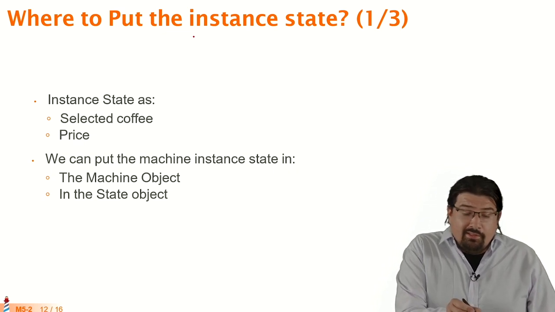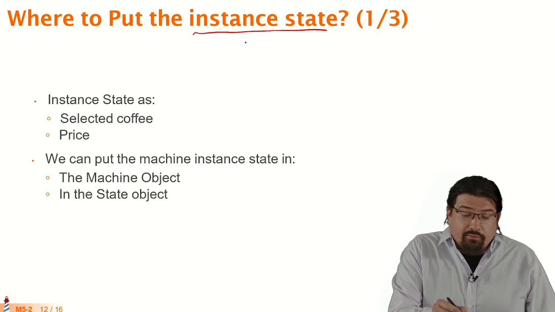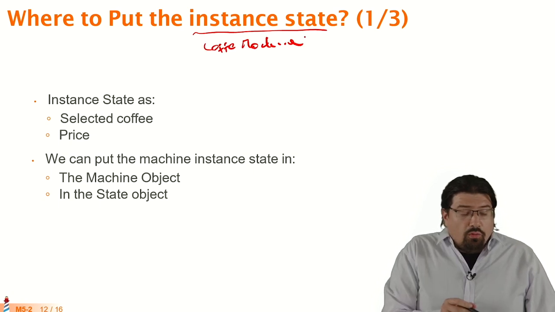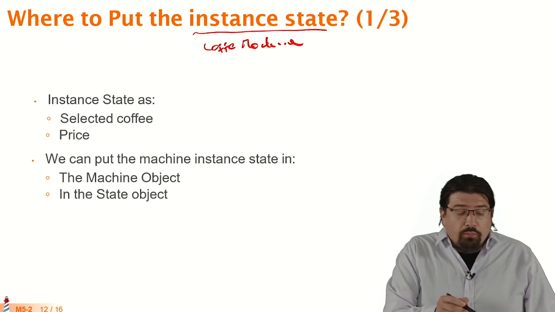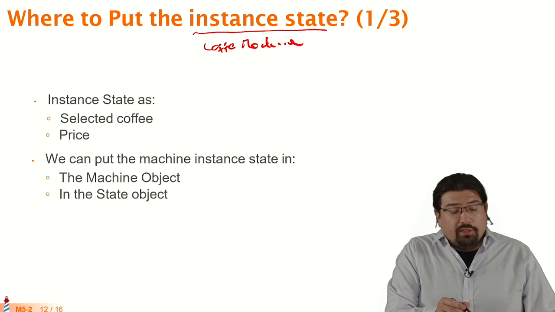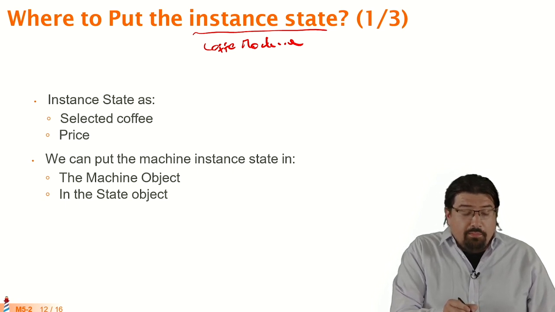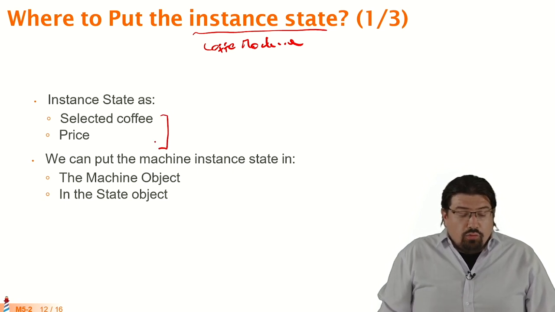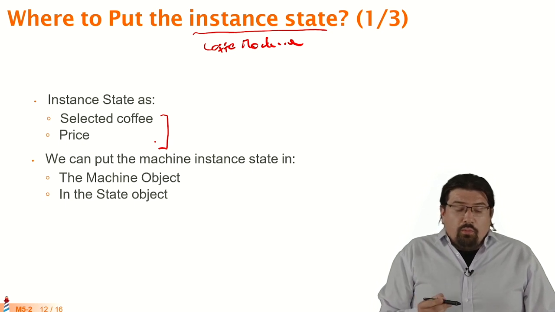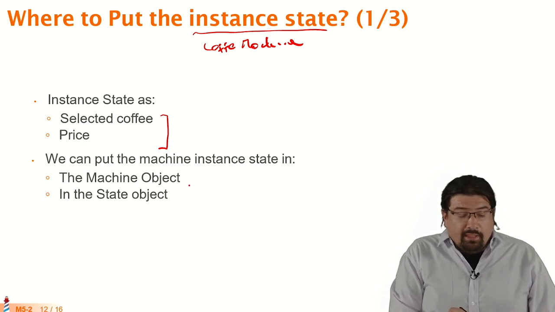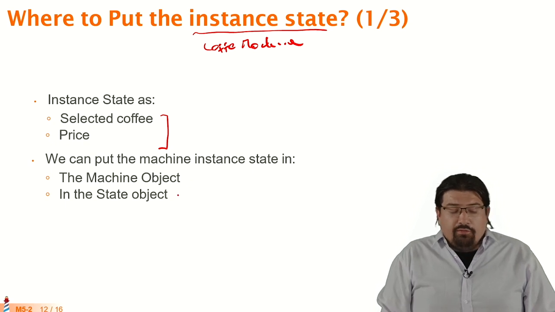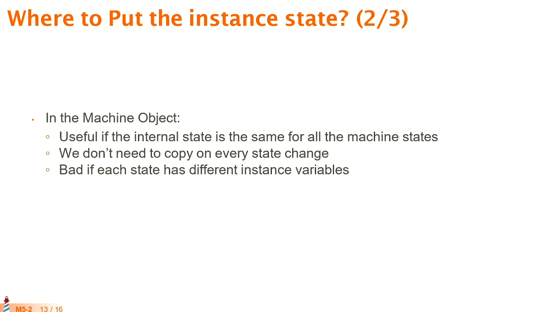When I say instance state, I mean the state of, in this example, the coffee machine. So we have to select where to put the instance state of our coffee machine. In this example, we have just two instance variables, and we can select to put them in the coffee machine object, or in each of the state objects that we have.